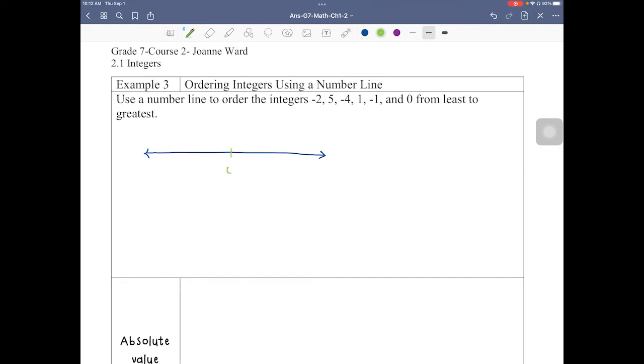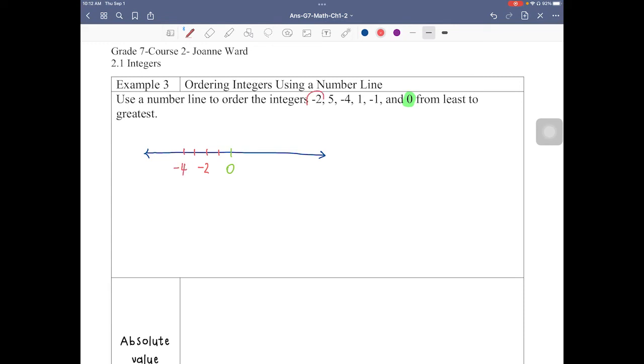First I find where 0, the origin, is. Then I go -1, -2, -3, -4.